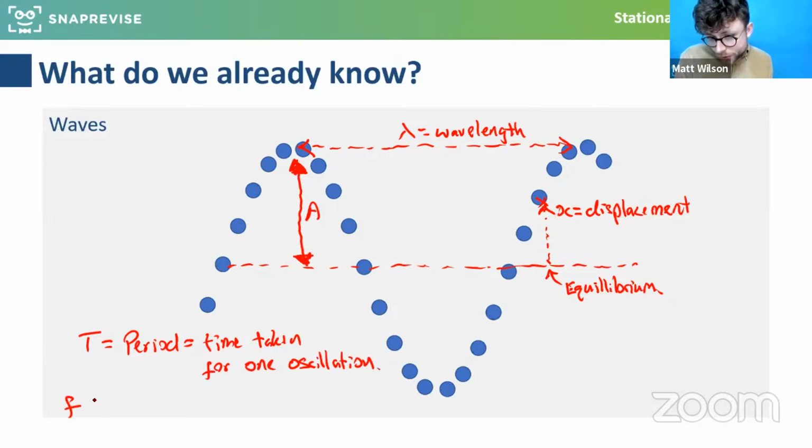Then there's the frequency, which is the number of oscillations per second. If you want to know the frequency, but what you actually know is the period, you just got to do 1 over the period, and that'll give you the frequency. That'll come up later.